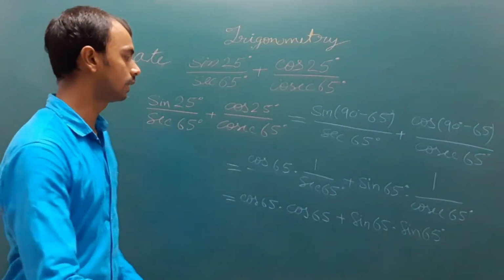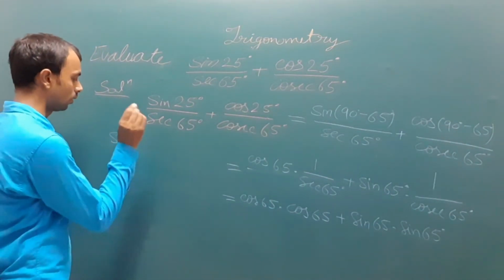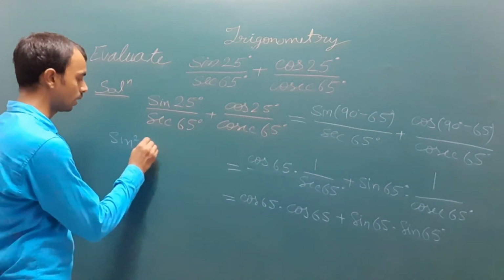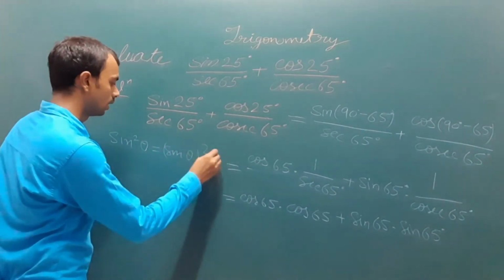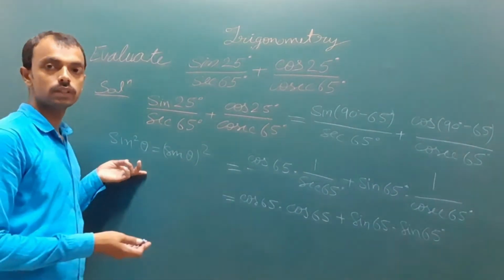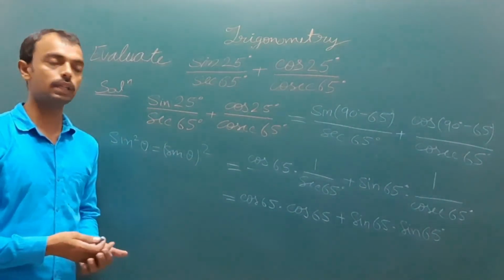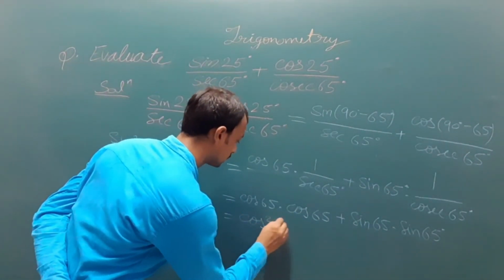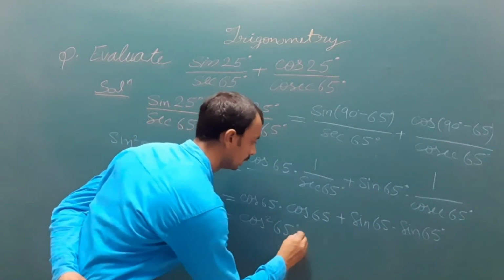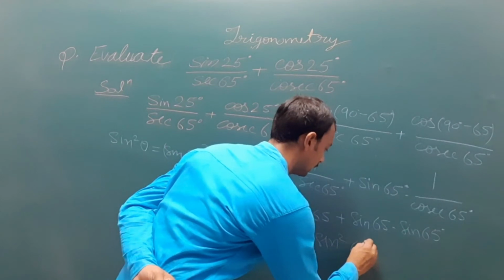Now tell me one thing, if I write sine square of theta or sine of theta whole square, are they different from each other? No, actually these terms are the same. So I can write it as cos square 65 degree plus sine square 65 degree.